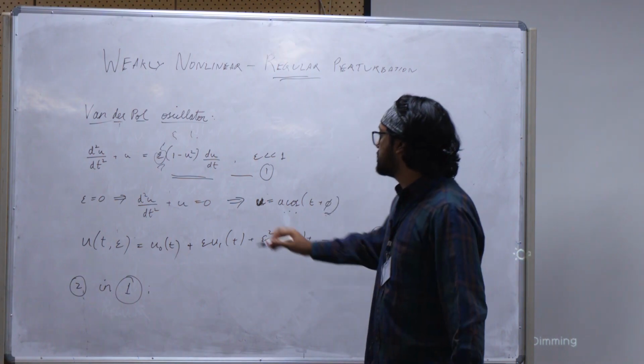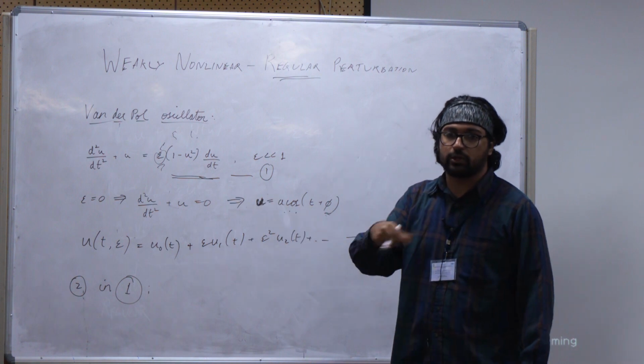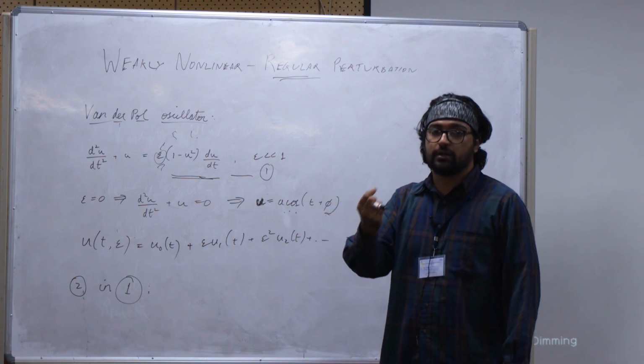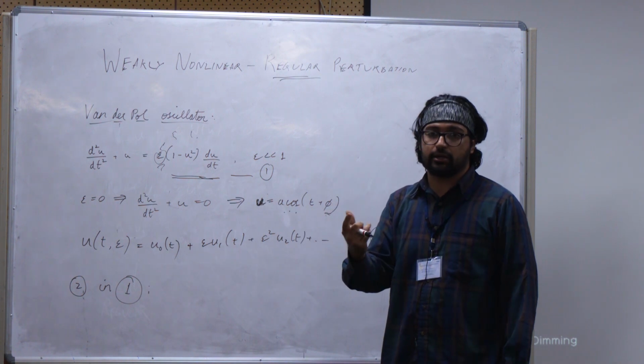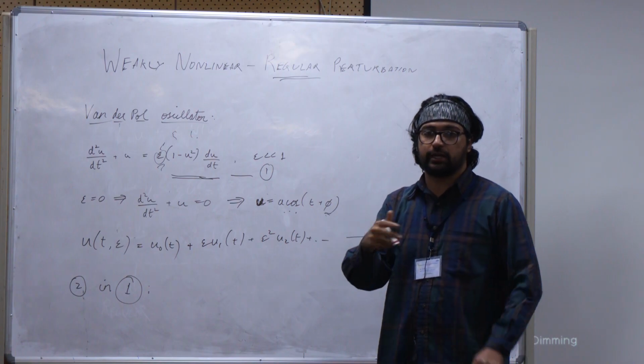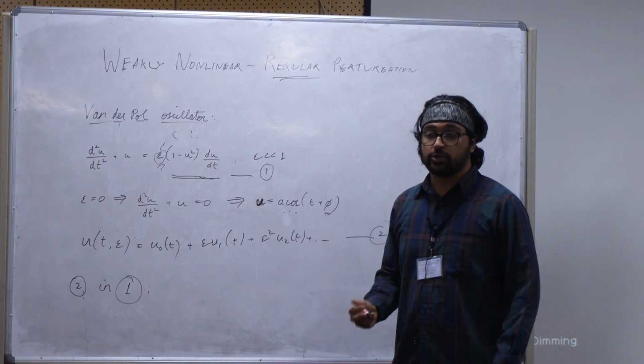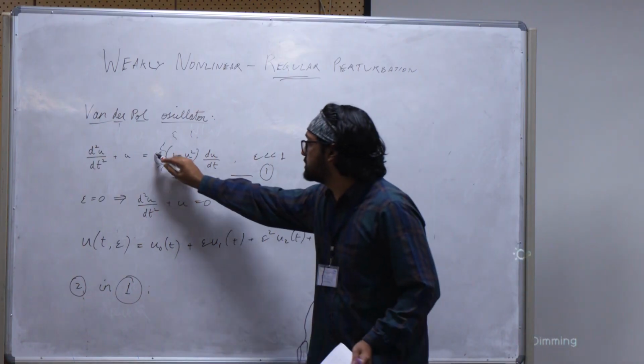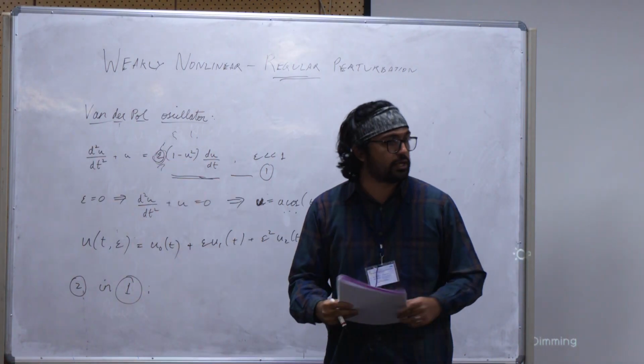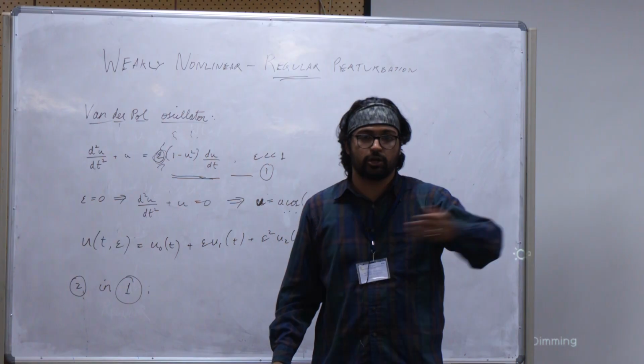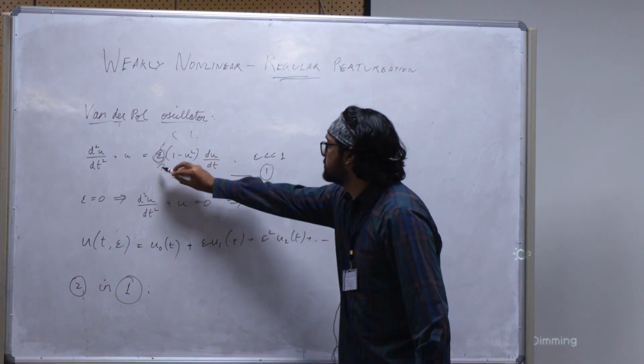Because of the drag force, it includes a very small parameter, a small non-linearity or non-oscillatory characteristic to the system. So when the drag force is large, which means that epsilon is large, you have a totally different solution which we cannot solve using nonlinear analysis because this term becomes very large.